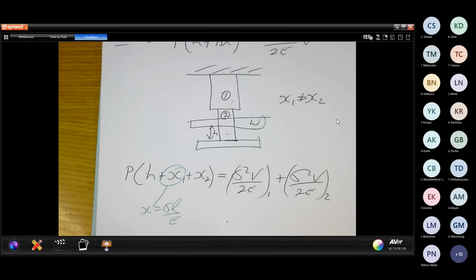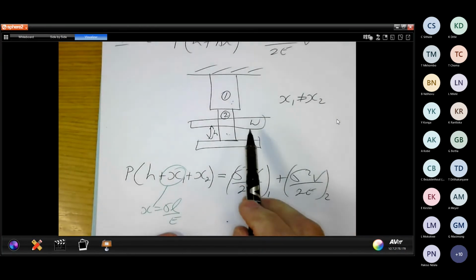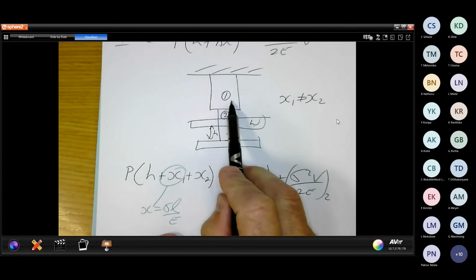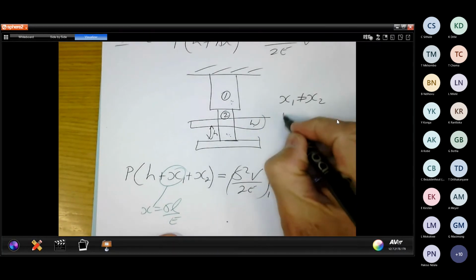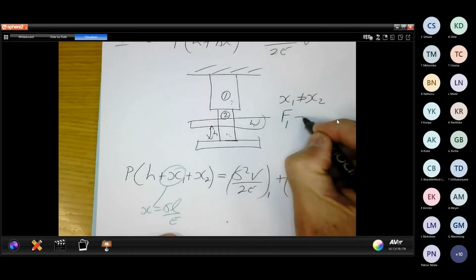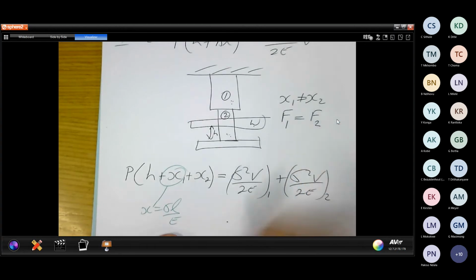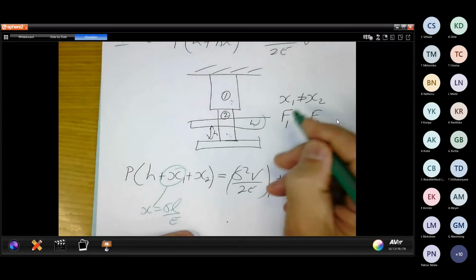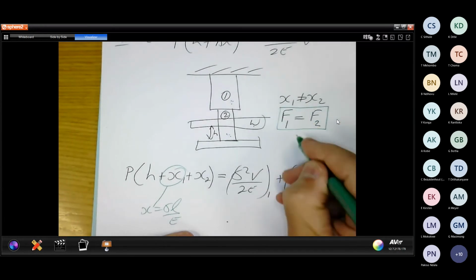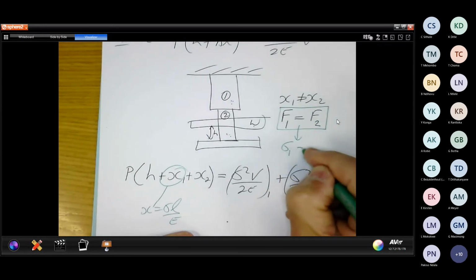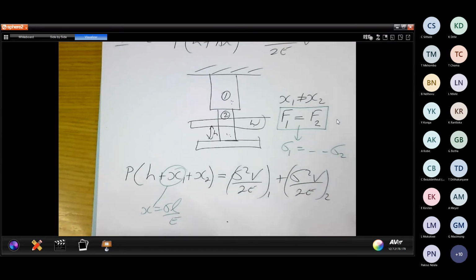We cannot say that is equal, that will be different. But this load is working on this one and on this one. So I can say my force in number one is equal to my force in number two. And out of this one here, can I now get a ratio? Number one is equal to something times number two, and I can substitute it in there and calculate my part.